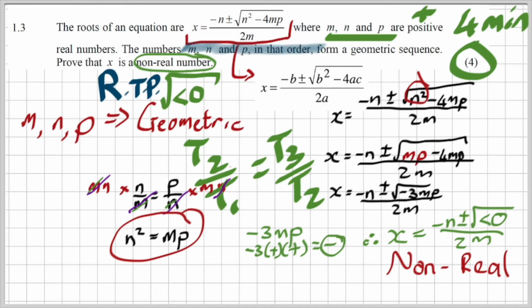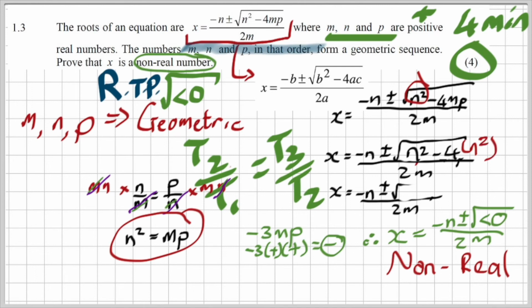There is another way that we could have looked at this. And I'm seeing this as I'm going through the question with you. This is the beautiful thing for me about maths, is I like to look at different options. What if, ladies and gentlemen, what if instead of replacing N squared, I replace the MP with N squared?